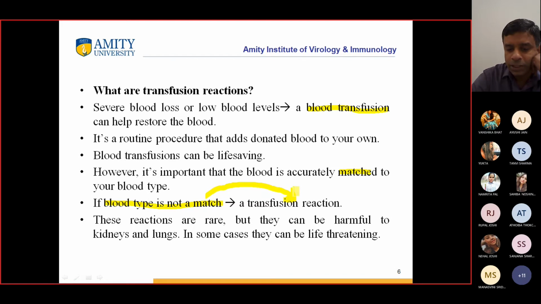Now, these reactions are rare because of the technology we have; there is very little chance of a mismatch. We all know our blood groups. In fact, on your Amity I card, on the back side you will also see your blood group.